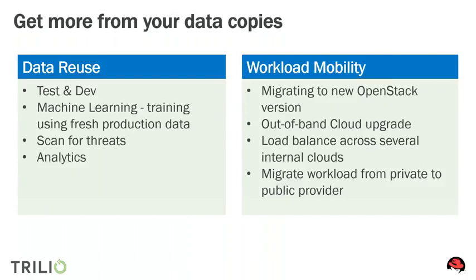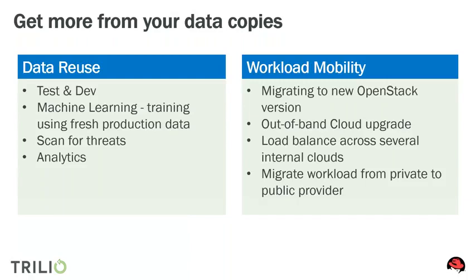Here is the second use case: workload mobility. That's almost unique in the way that this comes into play. So think about these examples. If you're migrating from one OpenStack distribution to another, how useful it is to be able to migrate an entire operating workload. Your data, your application, everything comes to life.